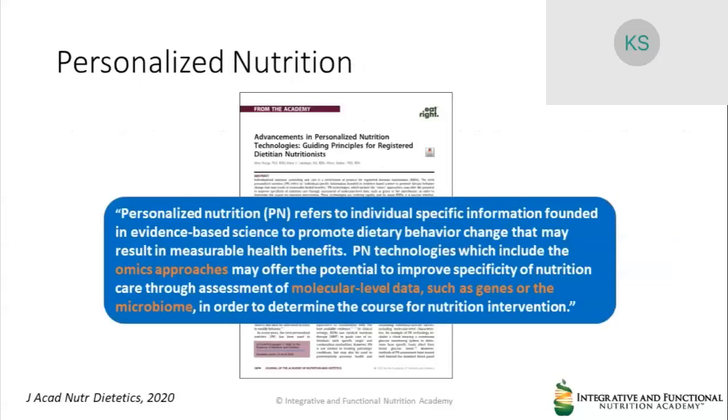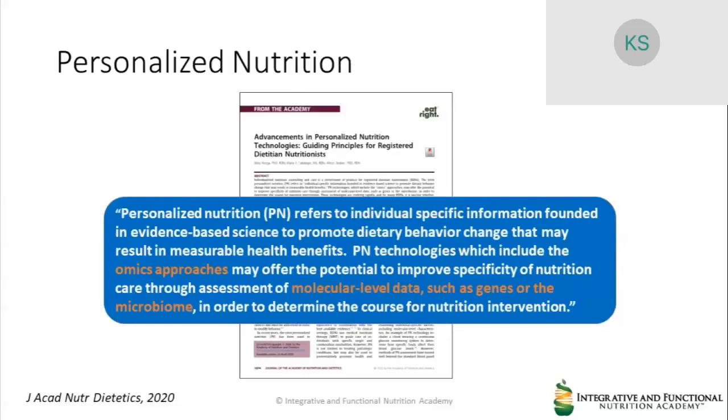And this recent paper highlights guiding principles under consideration for personalized nutrition. And personalized nutrition, as we know, refers to individual-specific information founded in evidence-based science to promote behavior change that can result in measurable health benefits.